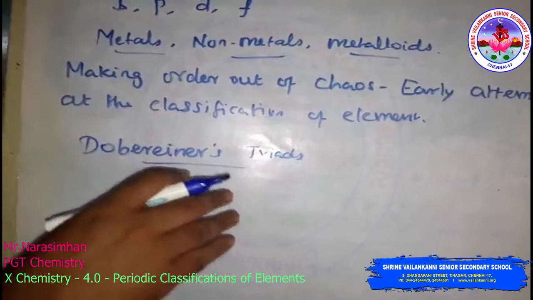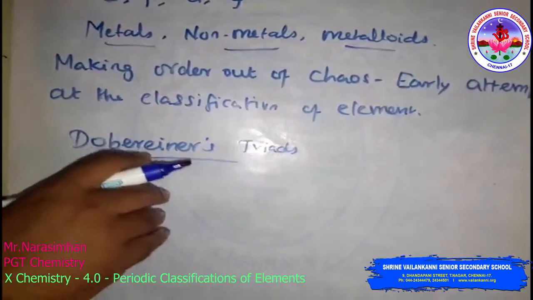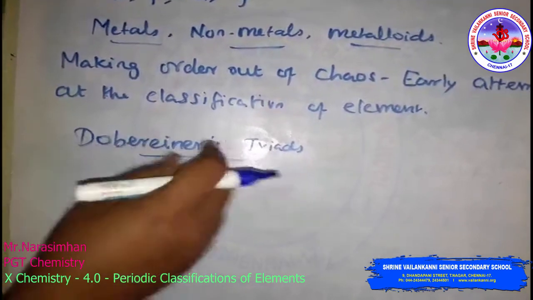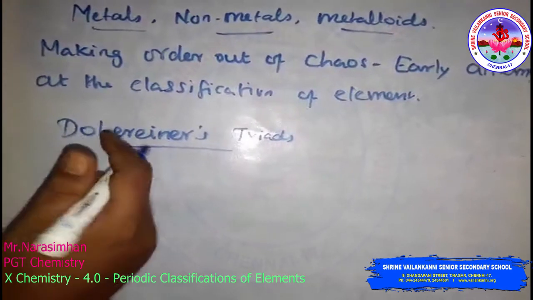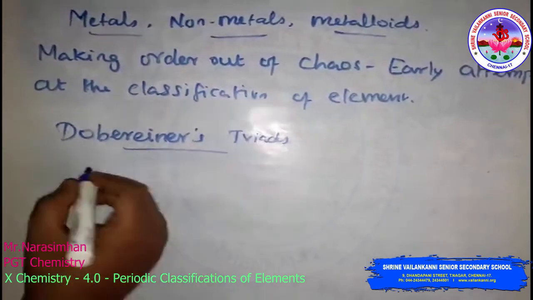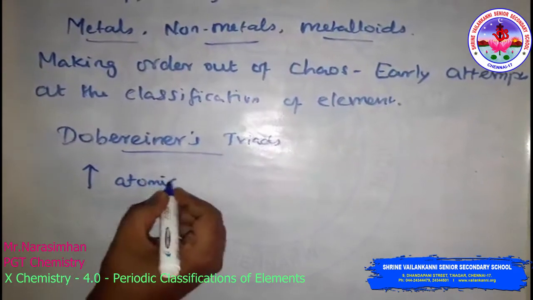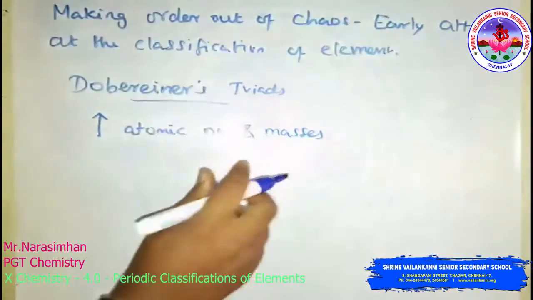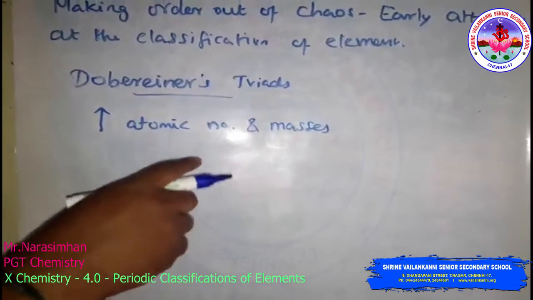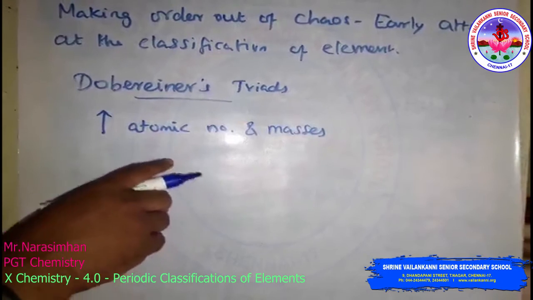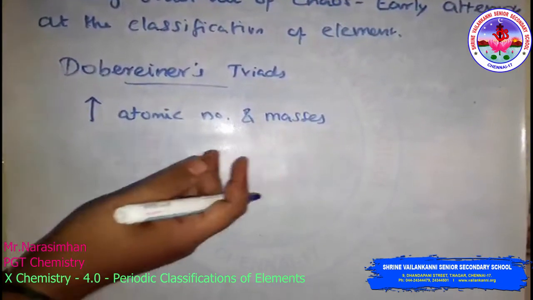He arranged the elements with similar properties in one group. When the elements in a triad were written in the order of increasing atomic masses, the atomic mass of the middle element was roughly the average of the atomic masses of the other two elements.